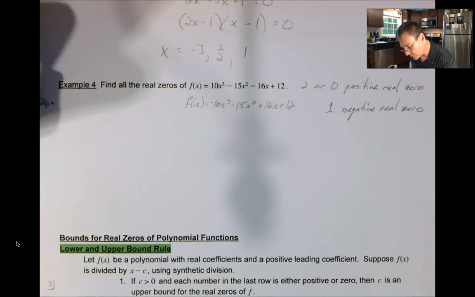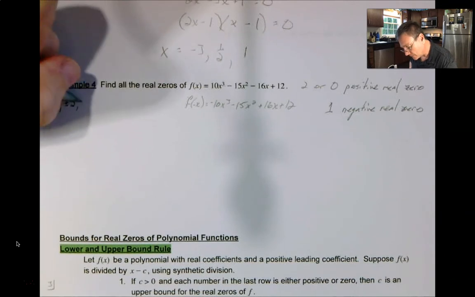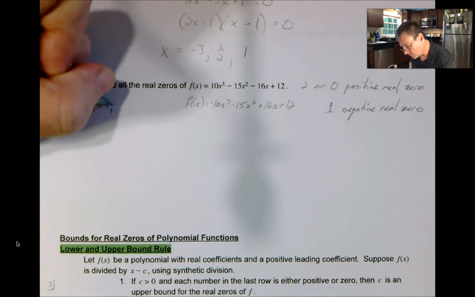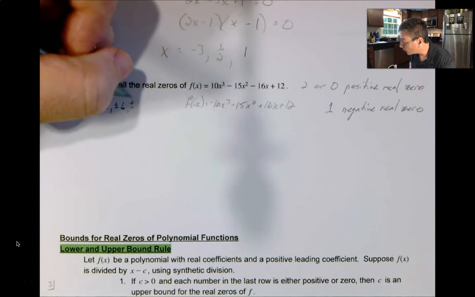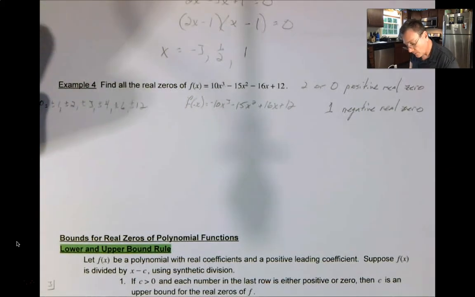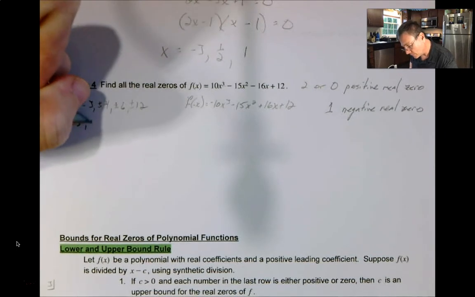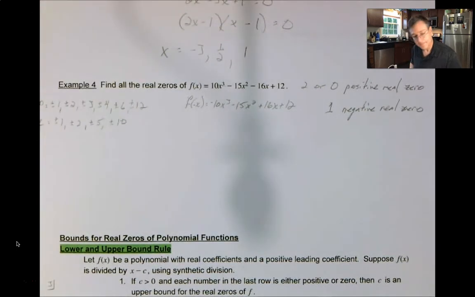P equals plus or minus 1, plus or minus 2, plus or minus 3, plus or minus 4, plus or minus 6, plus or minus 12. Q, plus or minus 1, plus or minus 2, plus or minus 5, plus or minus 10.